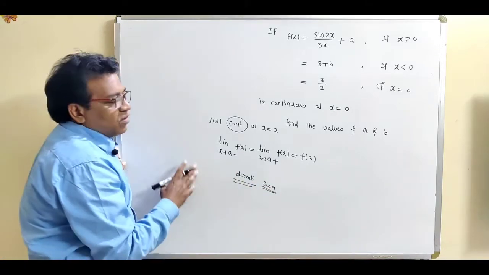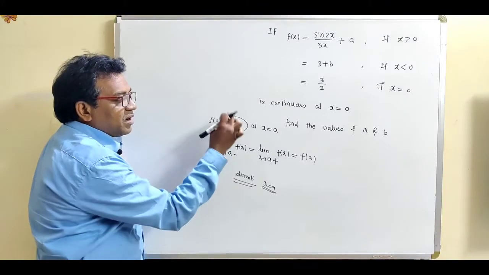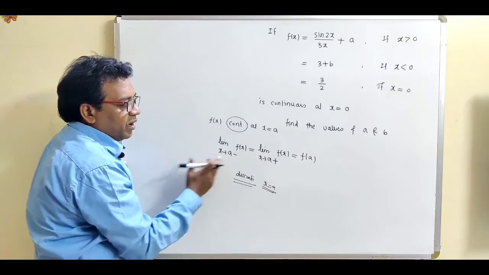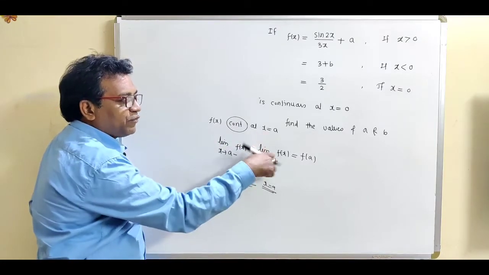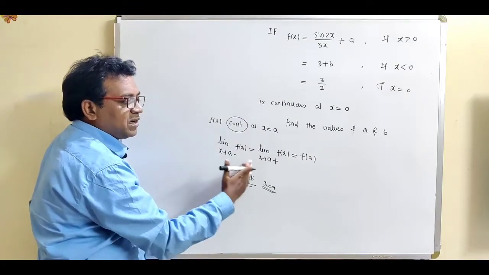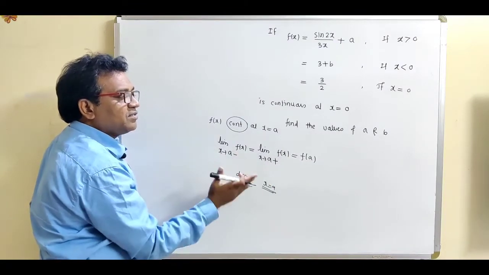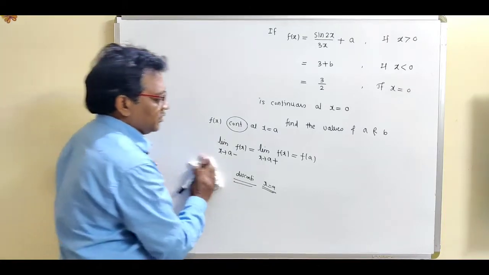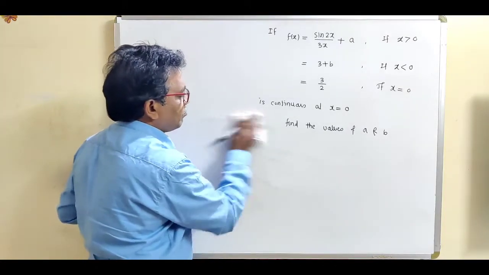So remember this concept: continuity depends upon these three terms: limit from left, limit from right and the value of the function. If all three are equal, the function is continuous, otherwise it is discontinuous at the given point.